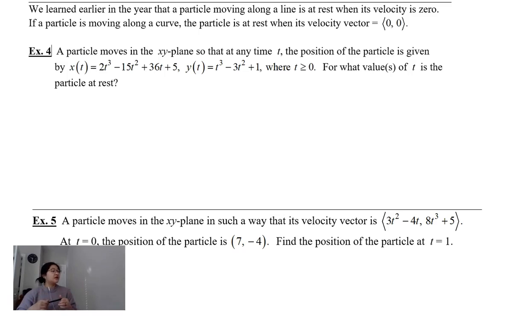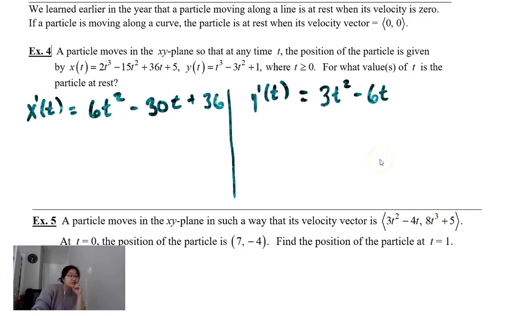So look at number 4. Particle moves in the xy plane so that at time t its position is given by these two functions when t is greater than or equal to 0. Find for what values of t is the particle at rest. So try that out. Pause the video. Try it out.